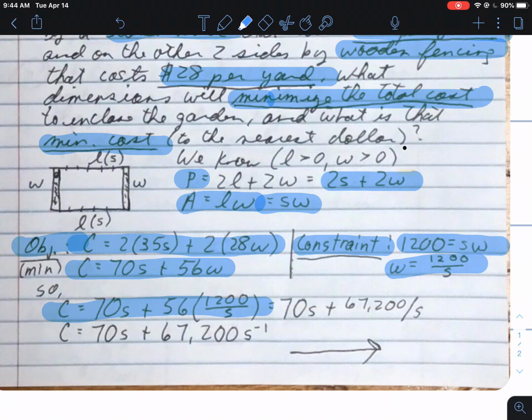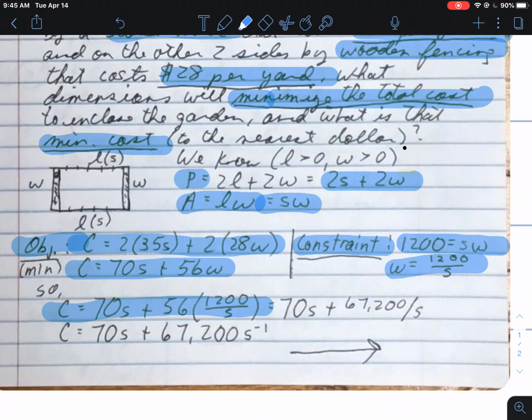That's the bulk of the work, being able to construct our objective function and form our constraint equation that I can use to sub out one of the variables in the objective function. And then we proceed normally from there to find the minimum value of that function. All right, so how do we do that?